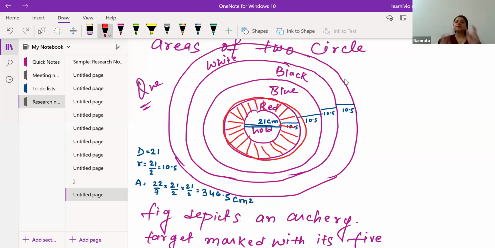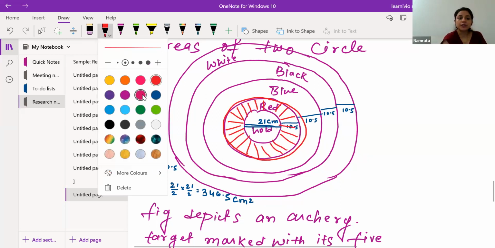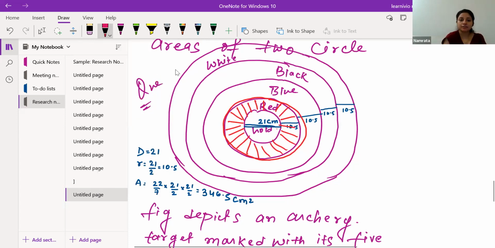So the total radius of the red circle will be 10.5 plus 10.5. Let's add it. 10.5 plus 10.5, we got 21. So that bigger circle's radius is 21.